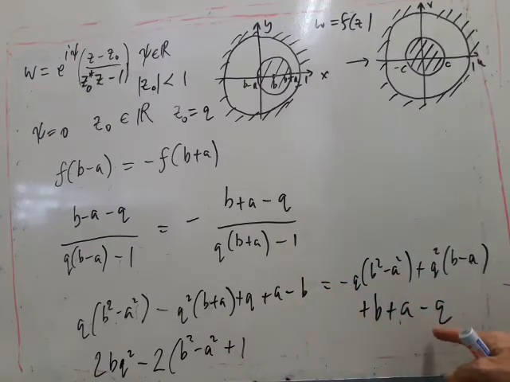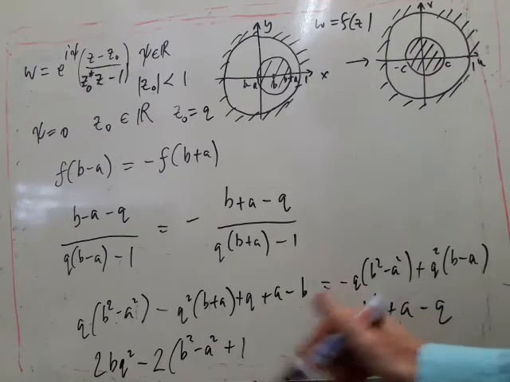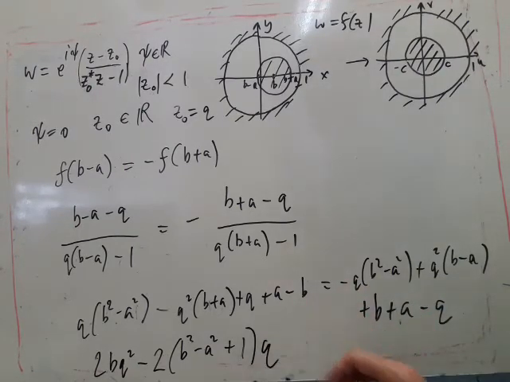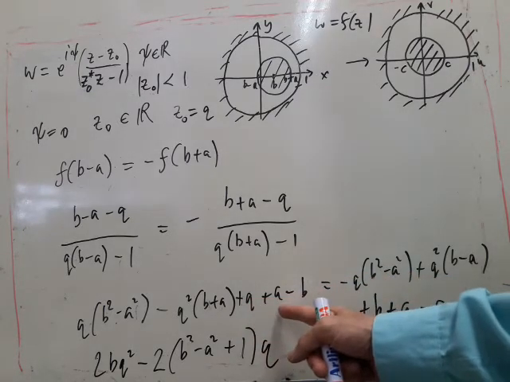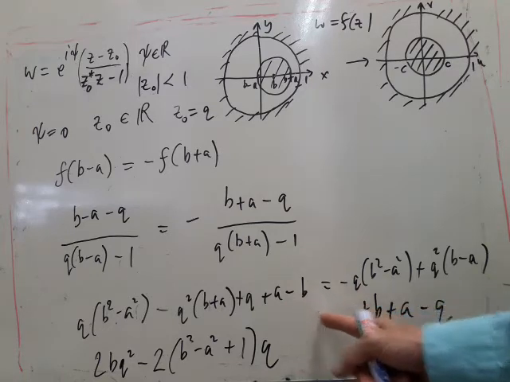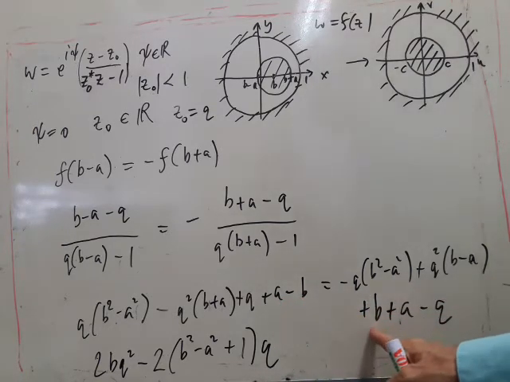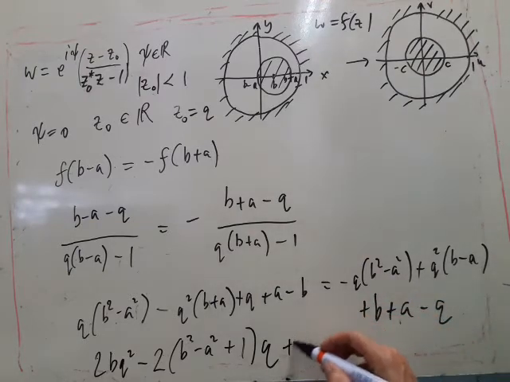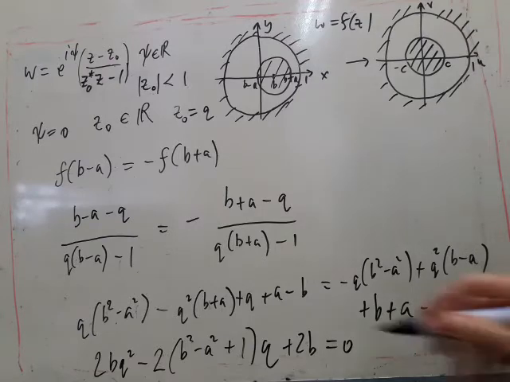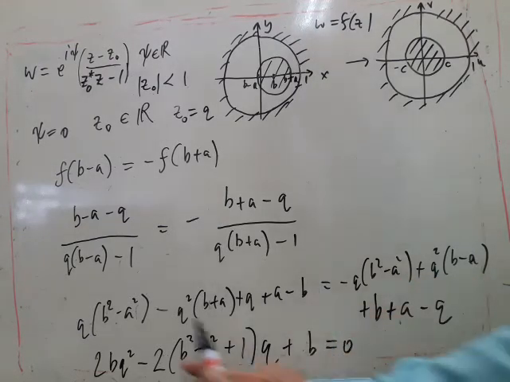Okay, so I've got two lots of q, just q on its own. And that leaves me with the constant term. So I've done the q's. I've just got a plus a minus b here, and so the a's cancel, and I've got plus 2b. So overall, I have this quadratic if I get rid of the 2's.